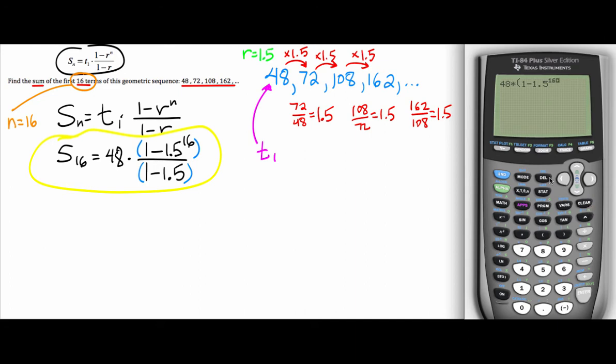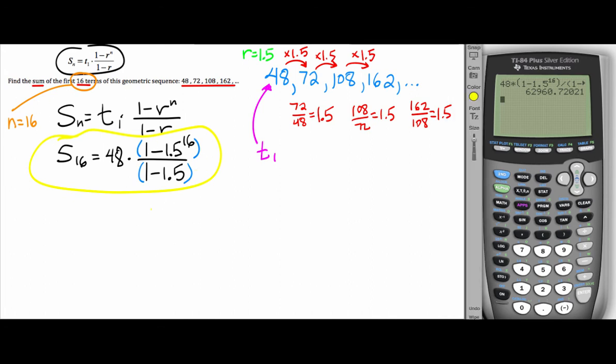I have a little bit of trouble getting that into the calculator properly. Divided by parentheses 1 minus 1.5. And here we go. There's the value, 62,960.72021.